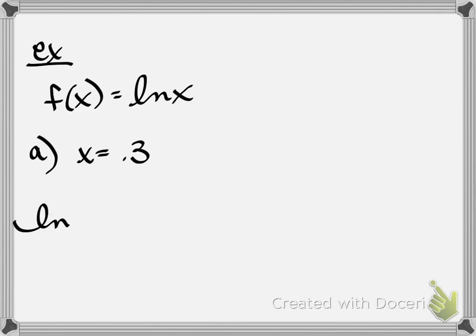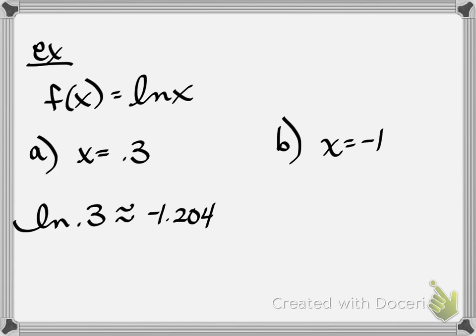So do ln of 0.3, and hopefully you got approximately negative 1.204. One more. Let's figure it out if x is negative 1. So you did the ln of negative 1. It said error because we can't take the log of a negative number.